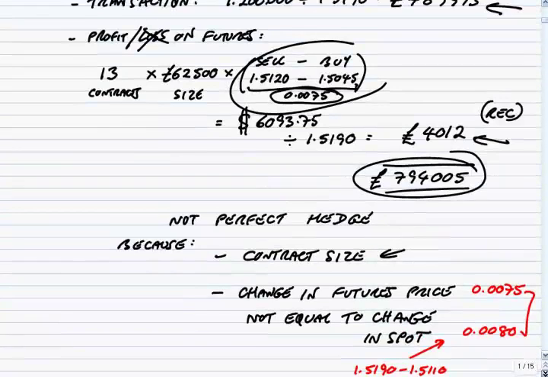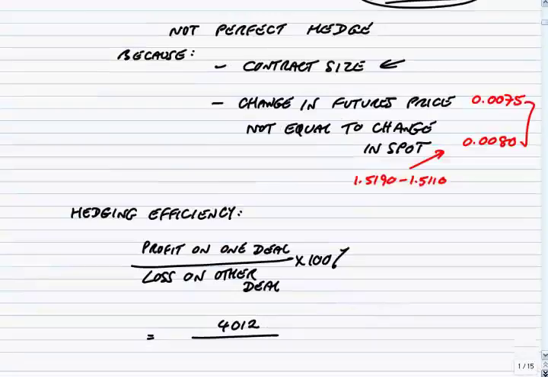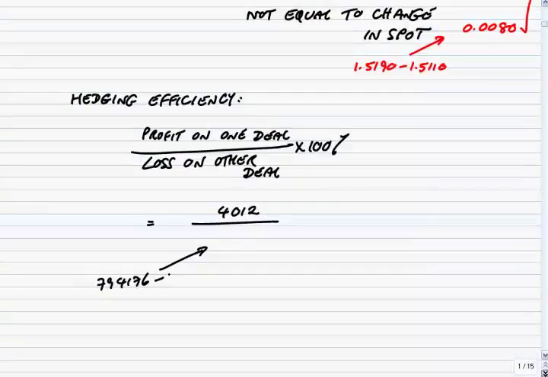We actually ended up getting only 789,993. And so we effectively lost the difference of 4183.